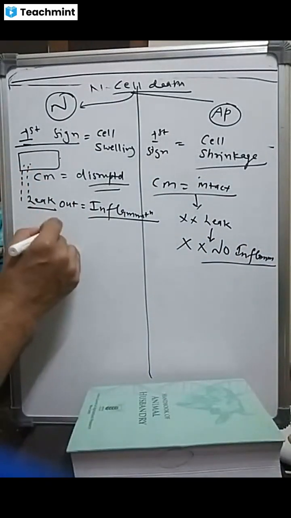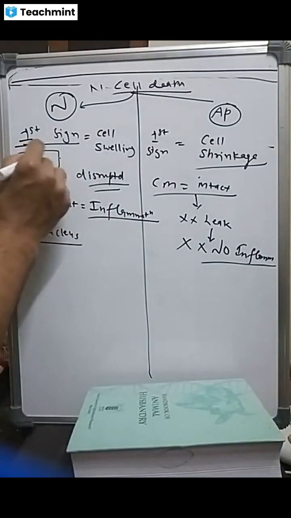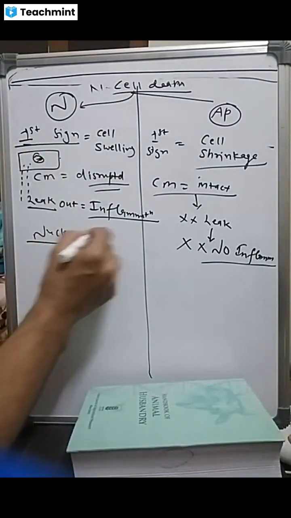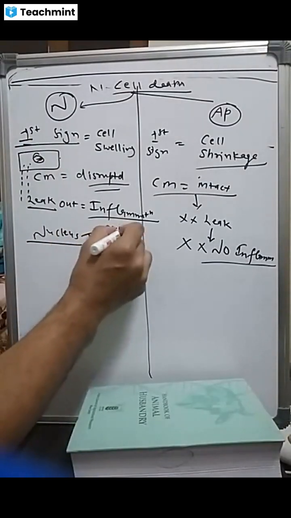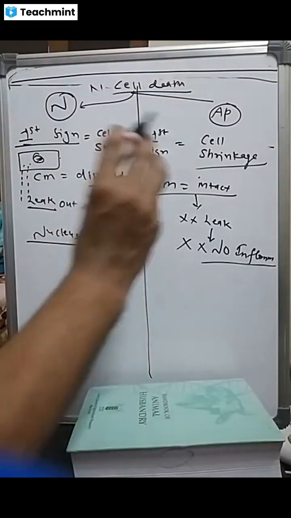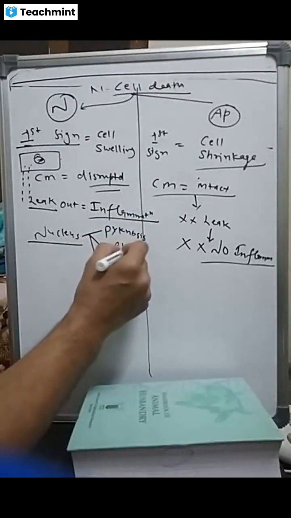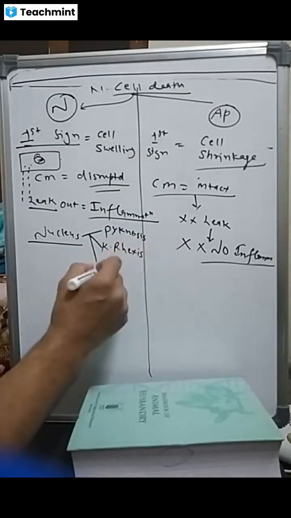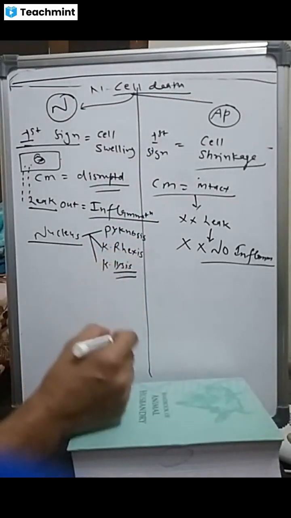At the level of the nucleus, there are three changes in necrosis. One is pyknosis, that is the condensed form. One is karyorrhexis, and one is karyolysis. Karyolysis is just like a powder.